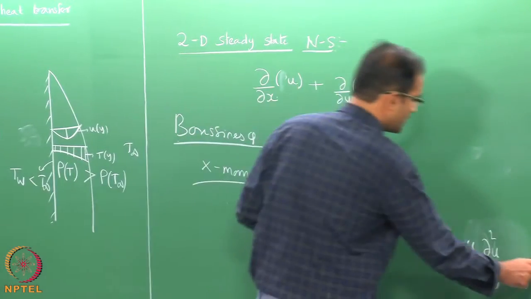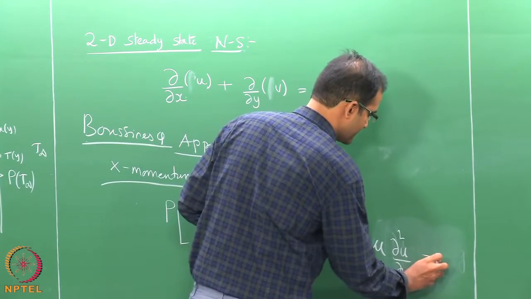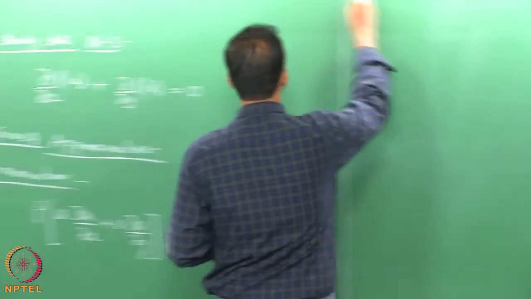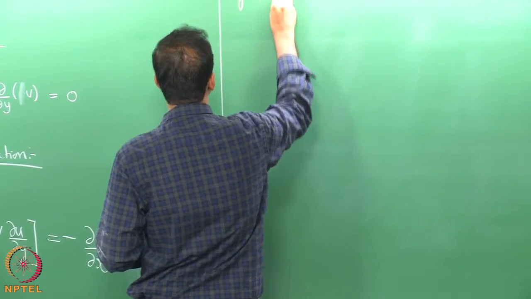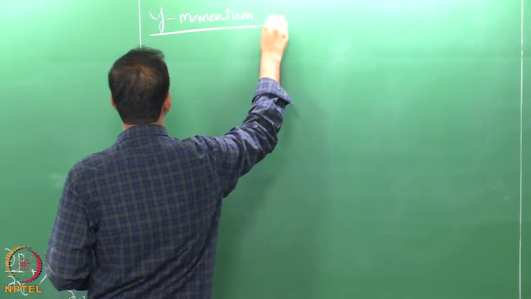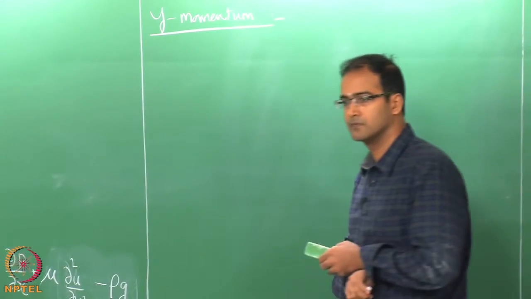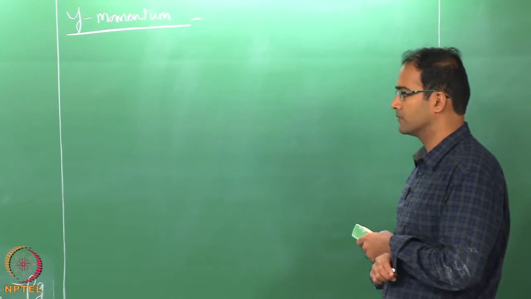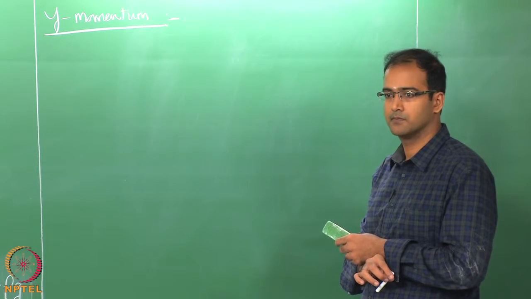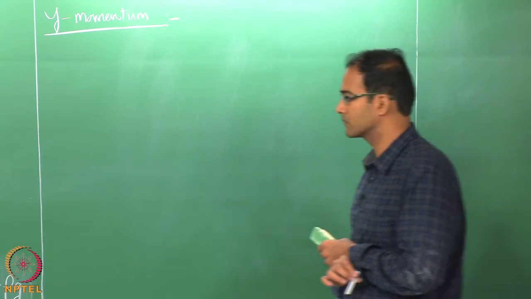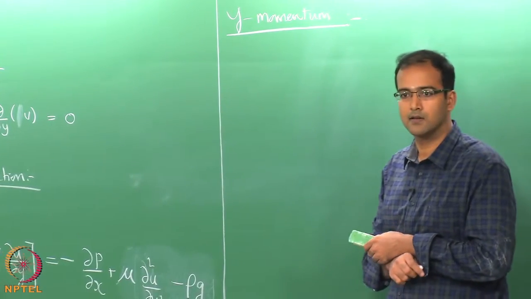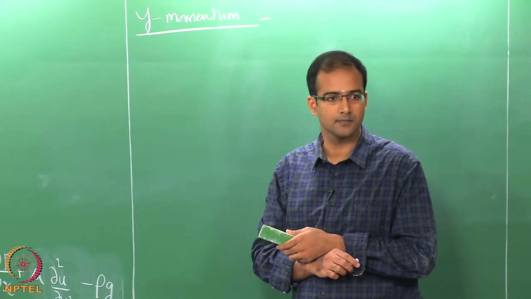Can you write down the y momentum similarly? What do we have for the convective terms in the y momentum? u dv/dx plus v dv/dy, but we do not have any v velocity in this case.